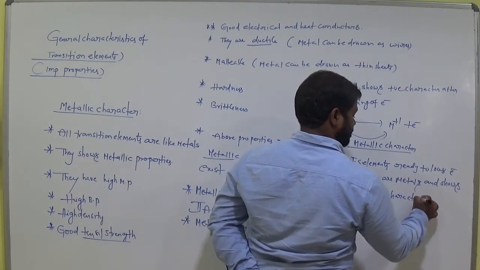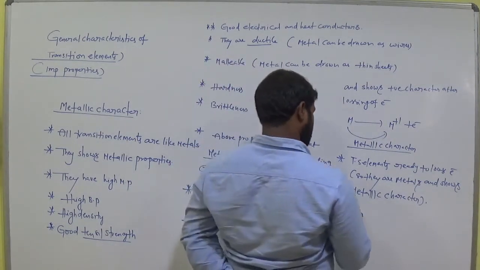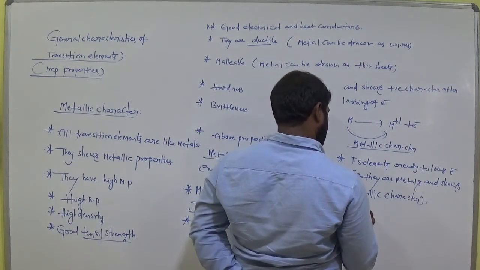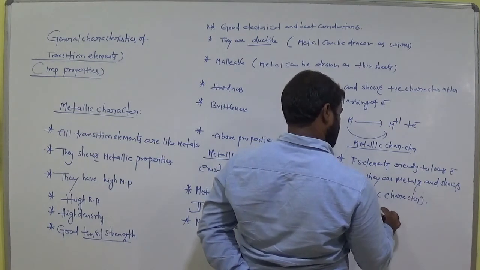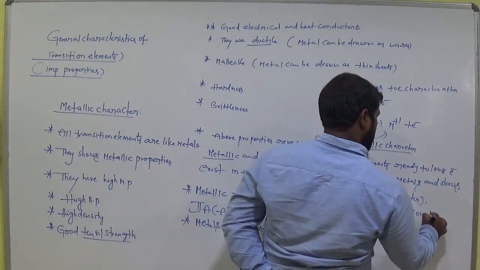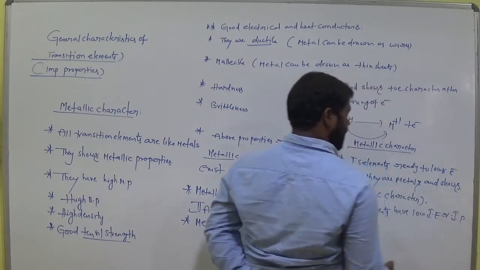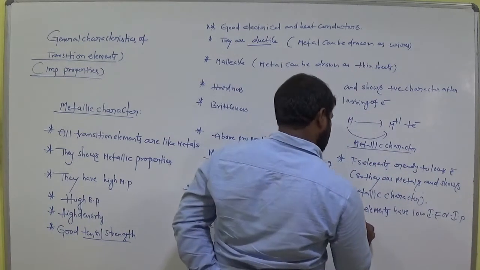Am I right? So if metals easily lose the electrons, it means transition elements have low ionization potential or ionization enthalpy values.